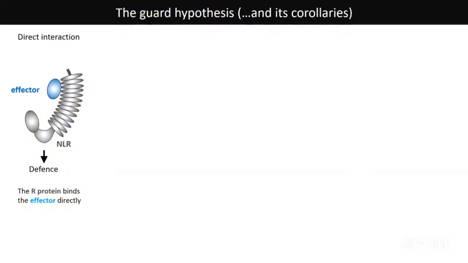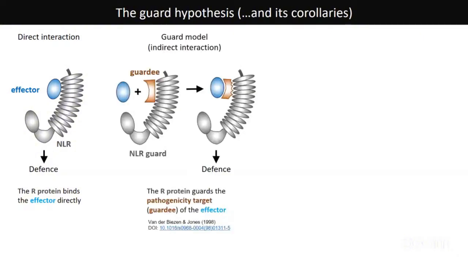And of course, the plant has evolved these immune receptors that can detect the presence of the pathogen and elicit a defense response. And sometimes this is a direct interaction where the immune receptor will recognize the effector and elicit a defense response. But a very important contribution to understanding what's going on was made by Eric van der Biezen, a postdoc in Jonathan Jones's lab in 1998, and he proposed the so-called guard hypothesis.